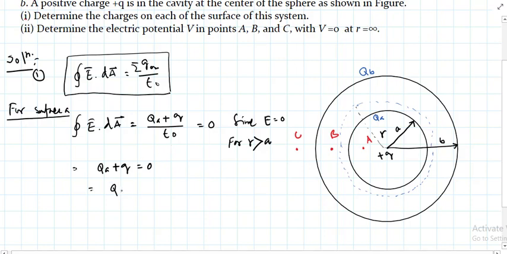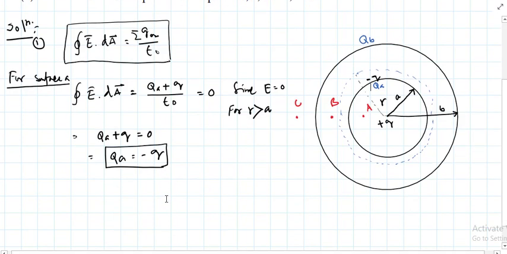Then Qa would be minus q. So if I keep a positive charge at the center of this conducting hollow sphere, at this inner surface there will be a charge of minus q. This is for the first surface.